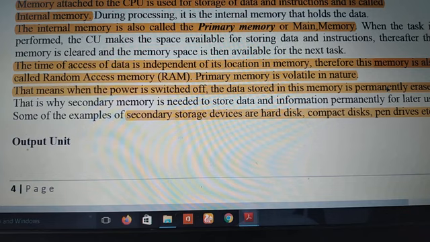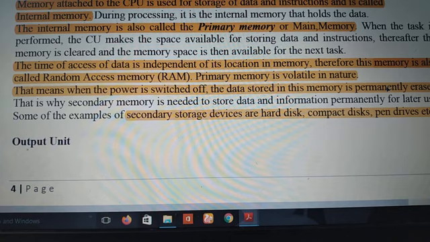Primary memory is the fastest memory in a digital system. This memory is used to store data and programs temporarily during the execution of a program. That is why it is called volatile memory. Accessing it takes nanoseconds.